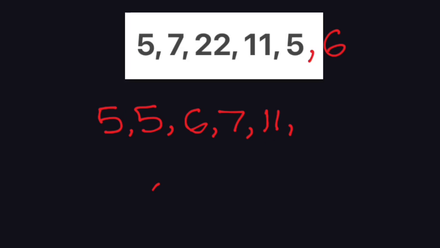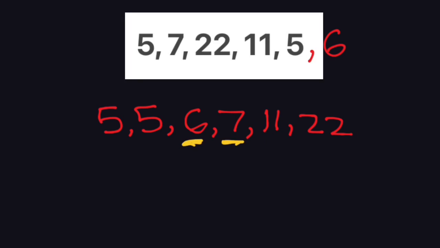11, 22. However, as you can see here, we do not have a number in this case that's exactly in the middle of our list. Both 6 and 7 are middle numbers, but they can't be classified as the median because neither is exactly in the middle of our list, since we have an even number of numbers in our data set.